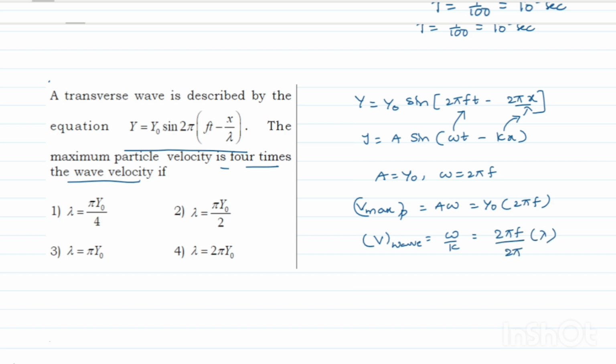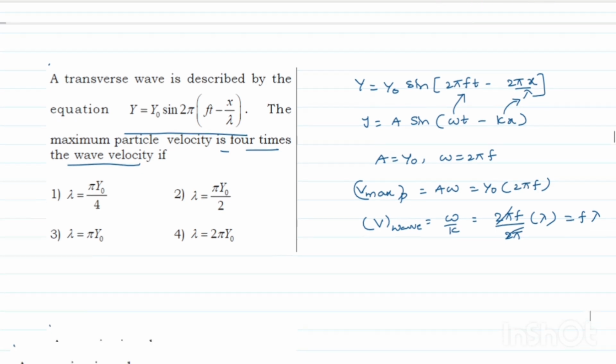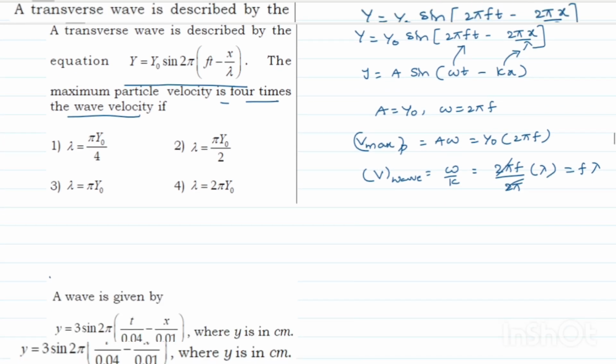So 2 pi gets cancelled, so the velocity of the wave will be f into lambda. Here the condition is given as the maximum particle velocity is 4 times the wave velocity. The maximum particle velocity will be equal to 4 times the velocity of the wave.